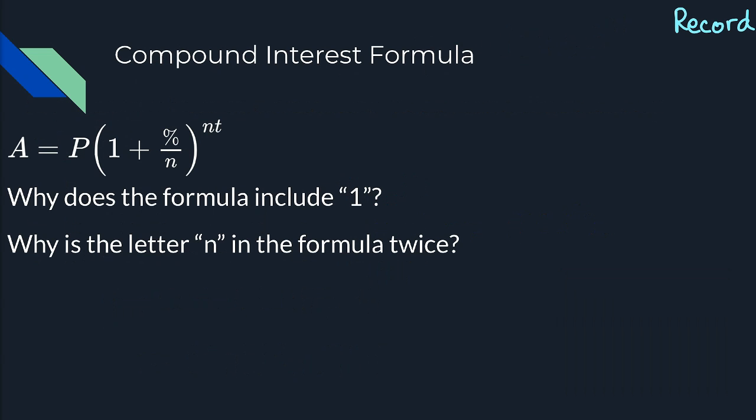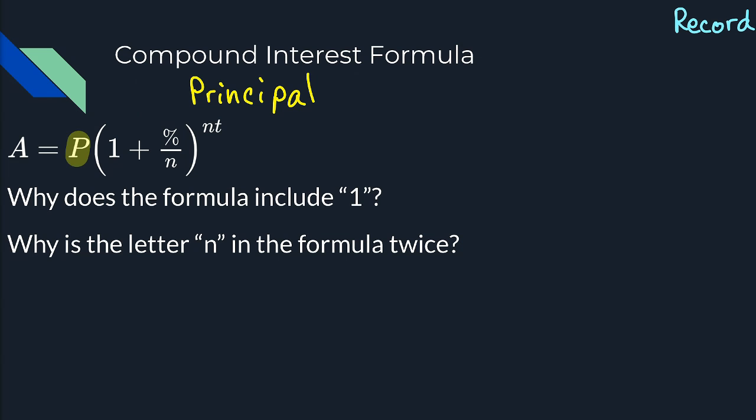So the compound interest formula, we can see it there. The P there is the principal amount. So this is the initial investment or the principal. The percent is just the annual rate.